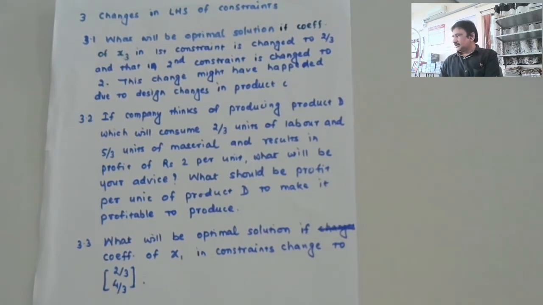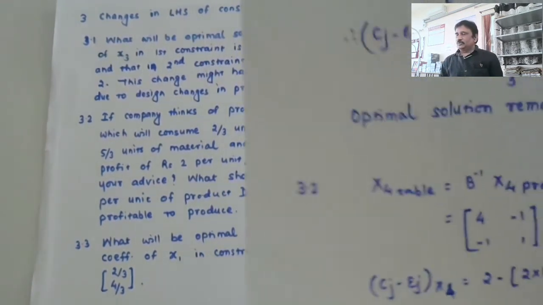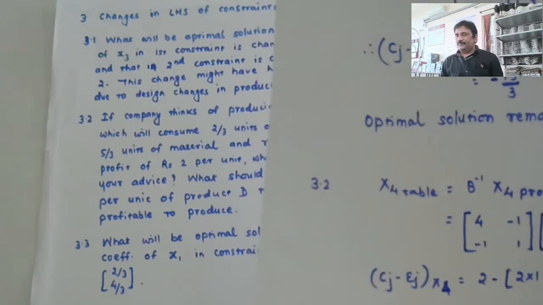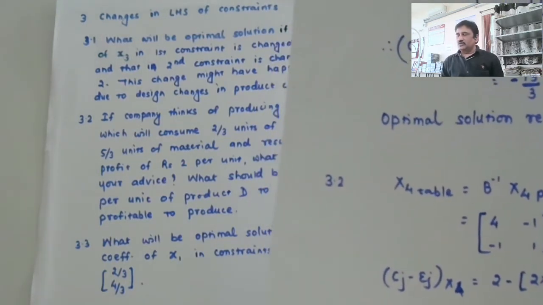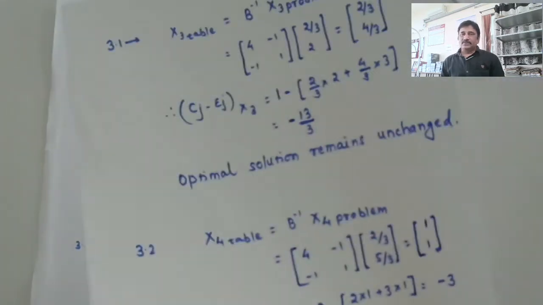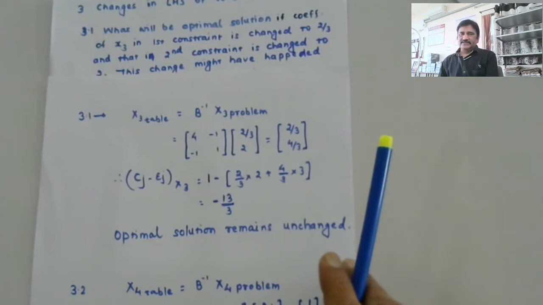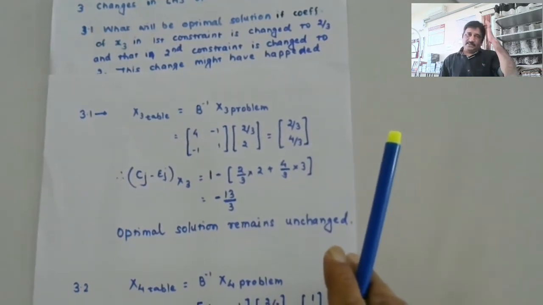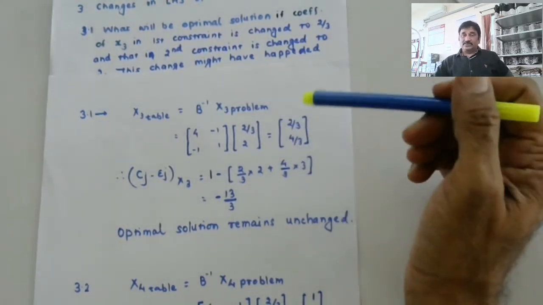Question 3.1. What will be the optimal solution if the coefficients of x3 in first constraint and second constraint also change to 2 by 3 and 2? So how do we handle it? The handling is exactly in the same way we have handled the right hand side constant.